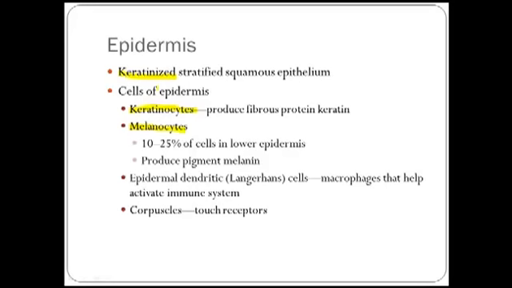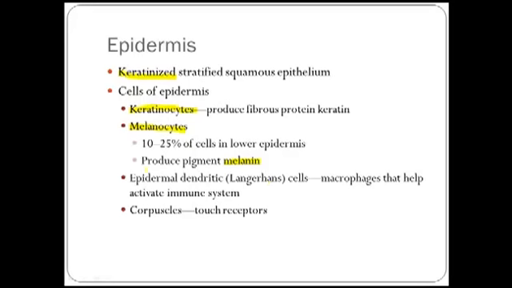What keratin is, it's a crystal-like substance that will help harden your dead cells, and it will help with the protection from the external environments. Melanocytes will produce this stuff right here called melanin, and melanin is going to help out with your skin pigment. The more melanin production you have, the darker your skin pigment. The less melanin production you have, the lighter your skin pigment will be.